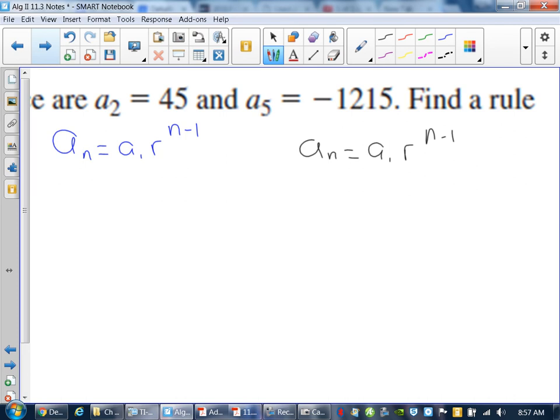You'll write them out independently of one another, and we're going to do some substitution steps via systems of equations to isolate your term. The 2nd term is 45, which means that's the first term times the rate to the 2 minus 1. So 45 is the first term times the rate to the first power.